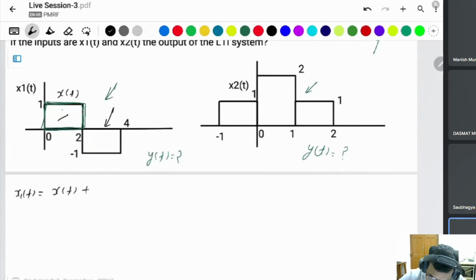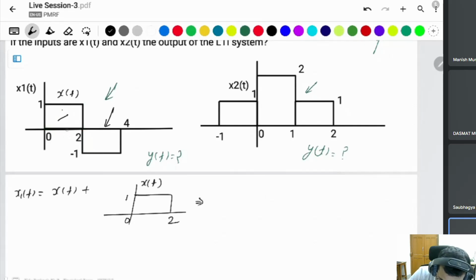Okay, let's check. x(t) is this one, 0 to 2, 1. In this process, if we need a delay of 2, then provide a delay of 2 here. Then what is t minus 2, and what is the signal?